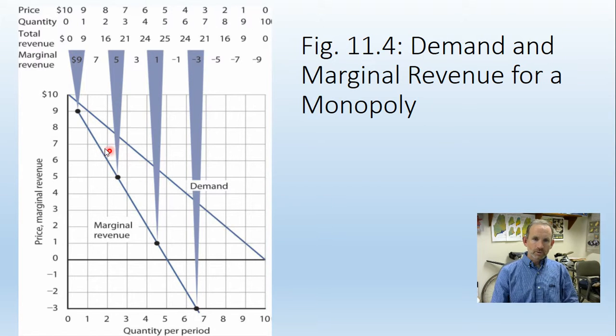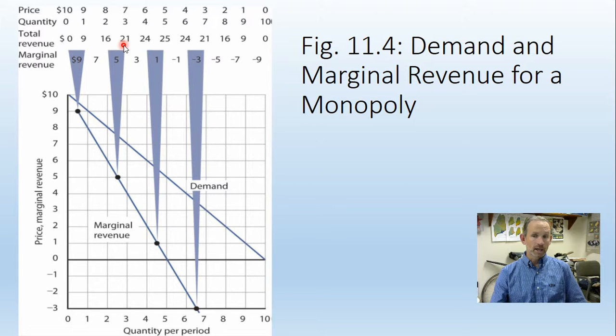The tricky part of this graph is understanding why the marginal revenue curve is down here kind of inside of the demand curve. And so try to follow along here. This is why I have the laser pointer. Let's just say you have been selling your product at a price of $7 up here. You've been selling 3 of them, so 7 times 3 gives you your total revenue of $21.